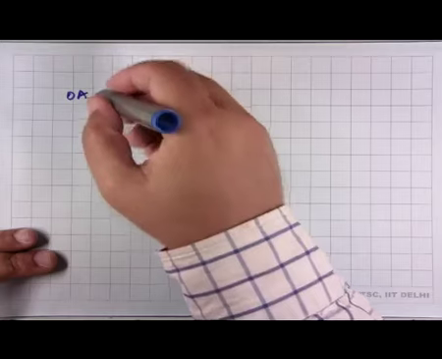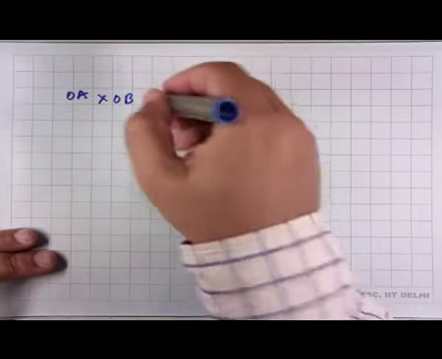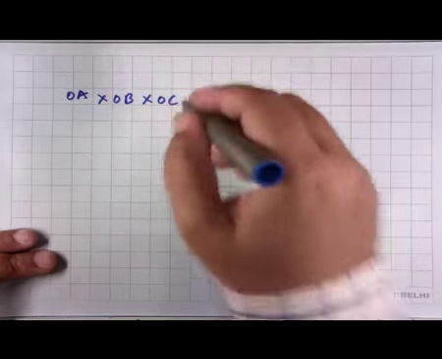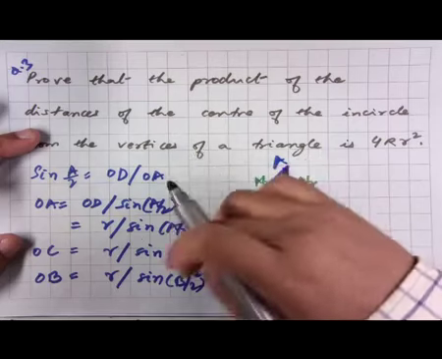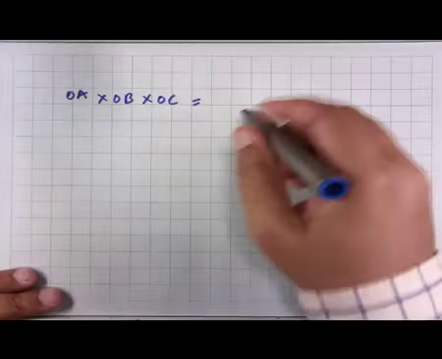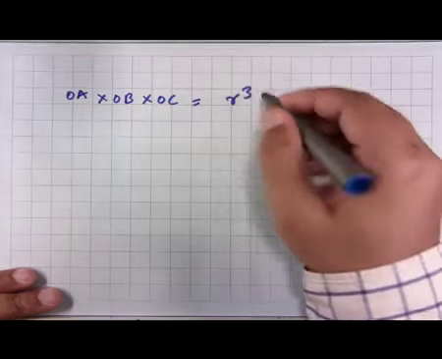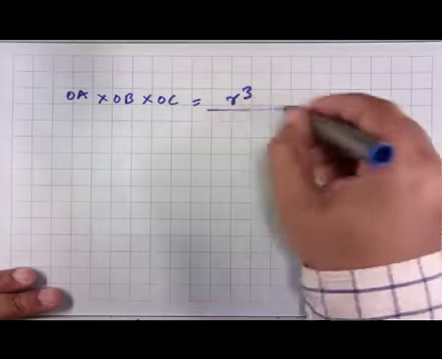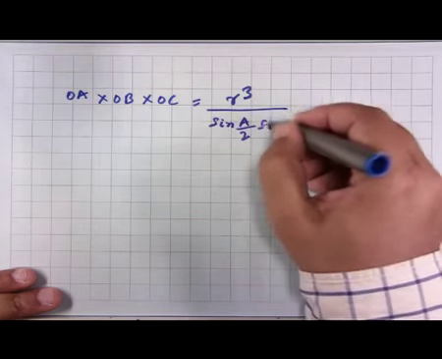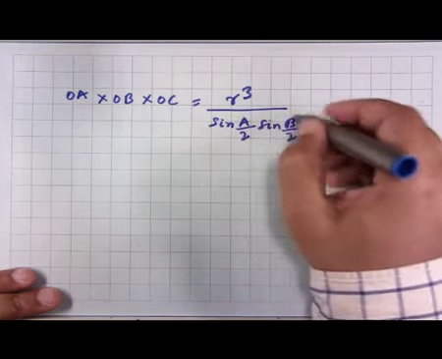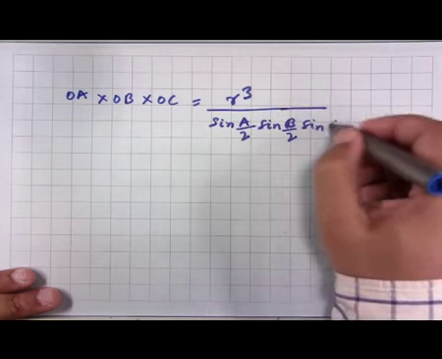So, the product of these three lengths is given by OA times OB times OC, and for that we use these three expressions. So, we may basically multiply this, this and this, and we end up getting r cube divided by sine of A by 2 into sine B by 2 into sine C by 2.